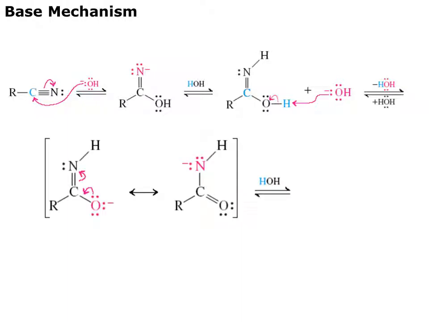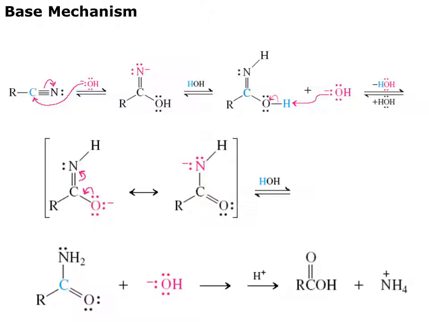So we'll have a resonance structure that can eventually look exactly like an amide, missing a proton. This nitrogen will then pick off the proton from water, giving us our amide. From there, you can see that our hydroxide can again act as a nucleophile, will protonate the amine group, and we'll be left with a carboxylic acid again and our ammonium ion.